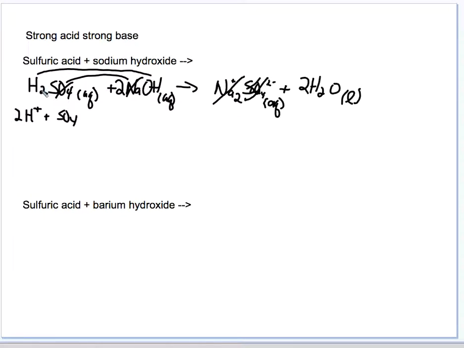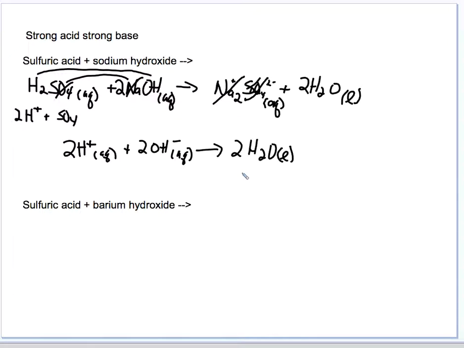So when you bring the H2 out to write the net ionic equation, you have to write 2H plus, aqueous, plus 2OH minus, 2 hydroxides, and that's going to give 2 H2O, liquid.